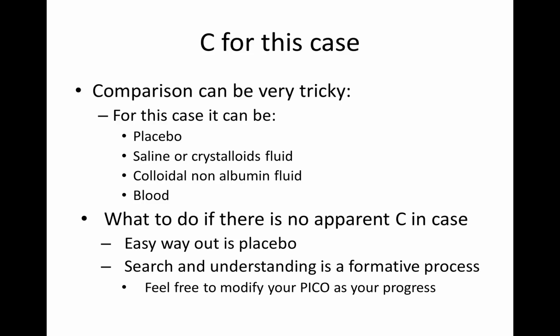Now, if you cannot find a comparison, and I'm not dealing with only this case, if you cannot find a comparison in other cases, what can you do? Well, you can always use placebo, right? As I told you before, it's a formative process. So if you go with a placebo in your mind into your literature and you find something which is a very good comparison, other people are using it, so well, I didn't think about it.